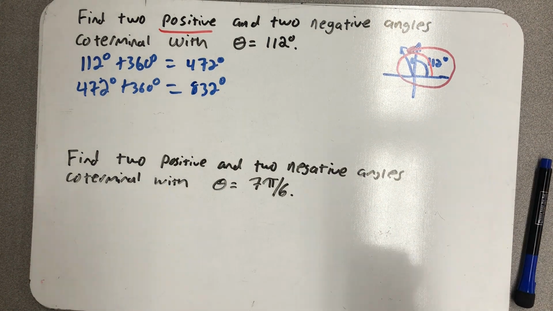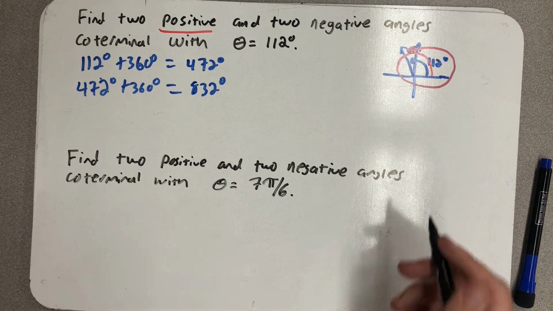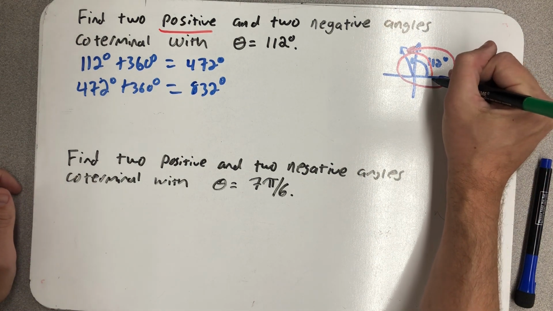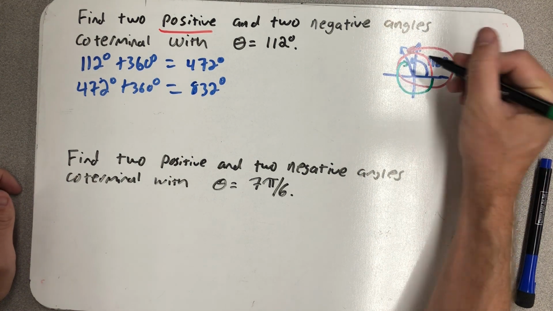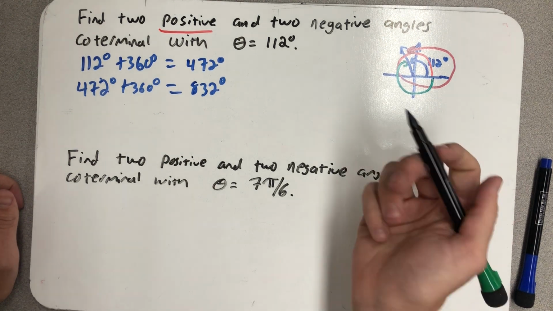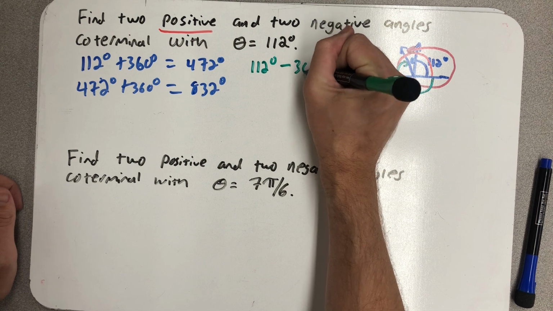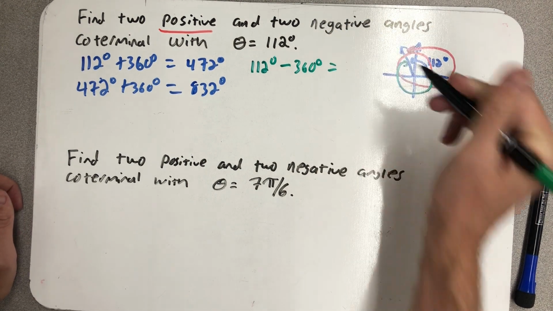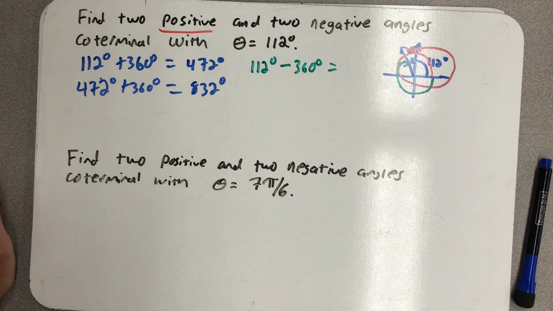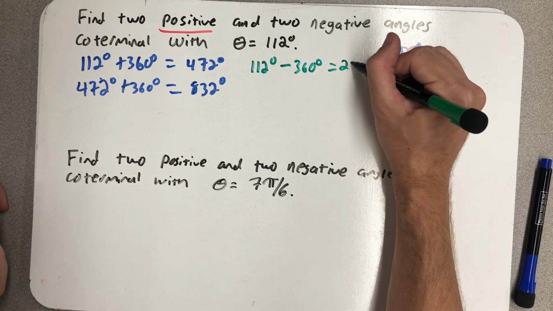Now I'm asked to find two negative angles, coterminal, so instead of positive, I'll rotate the other direction around, and so to do that, I can think about taking away a full revolution. So 112 minus 360 degrees is negative 248 degrees.